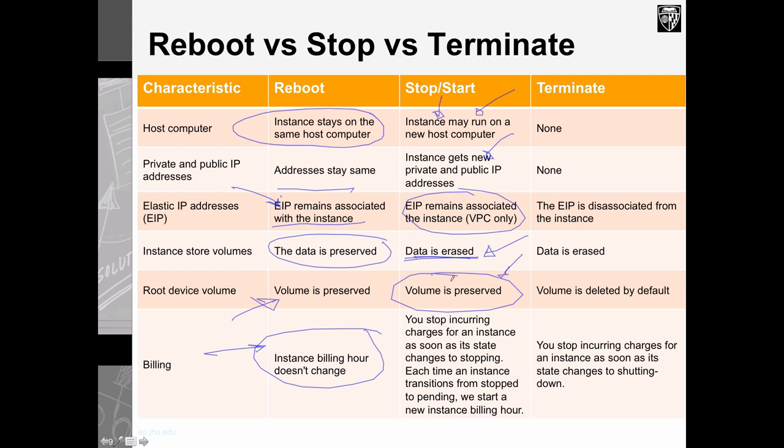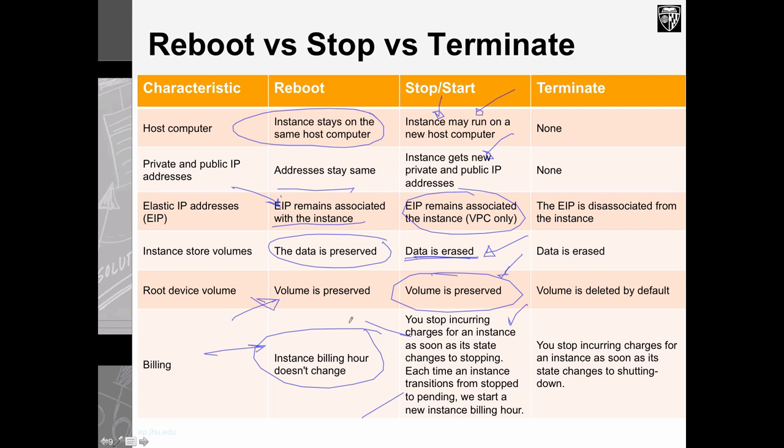That data remains with your instance. If you stop an instance, obviously Amazon is not going to charge for that instance. As soon as the state changes to stopped, you stop accruing charges for that instance. And when you start that instance, that's when it starts billing you again.